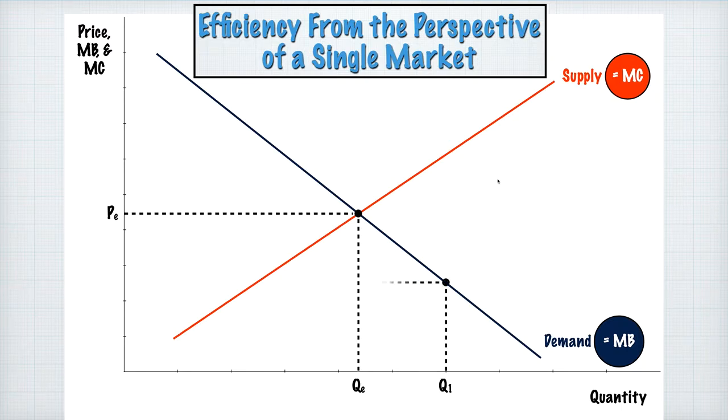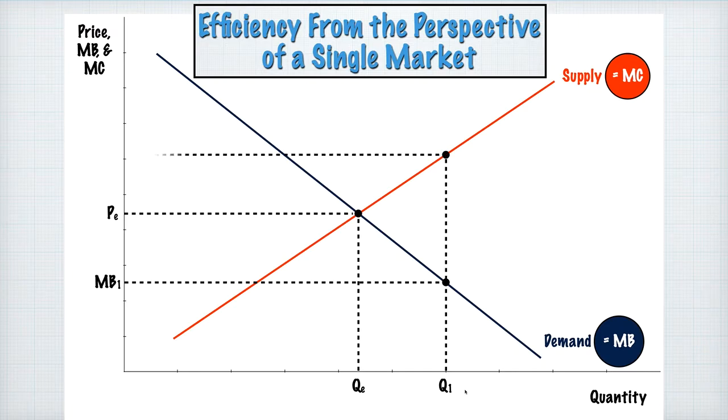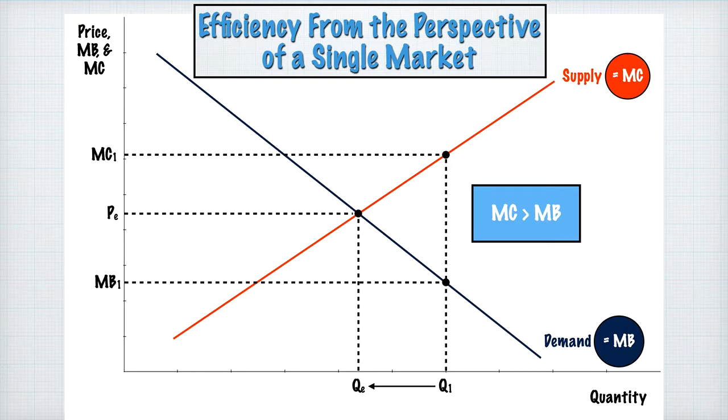If we have production and consumption in this market that's greater than the equilibrium output, say Q1, which is greater than the equilibrium quantity, we can see we have a marginal benefit here. And if we continue up from Q1 to the supply curve and across, that gives us our marginal cost. As you can see here, marginal cost is greater than marginal benefit.